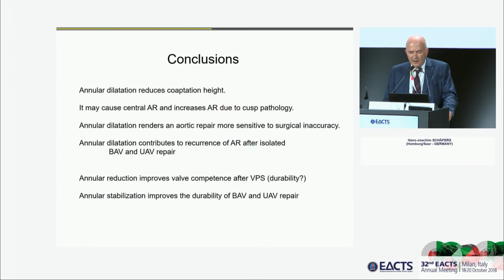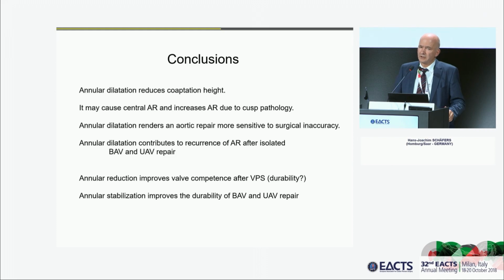Let me summarize. What is the evidence? Annular dilatation reduces coaptation height. It may cause central aortic regurgitation, and because it decreases coaptation height, it definitely increases regurgitation due to cusp pathology.